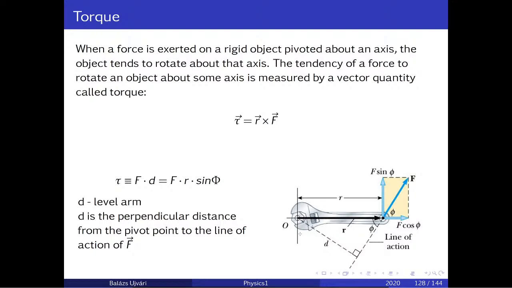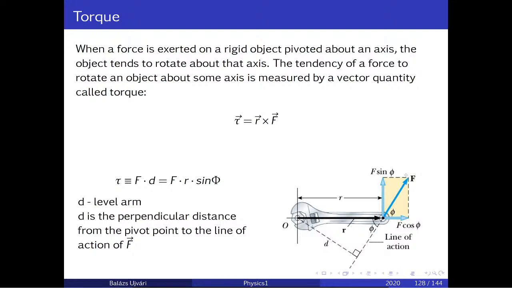What is torque? When a force is exerted on a rigid object, the object starts to rotate if the so-called line of action does not go through the rotational axis. That means if we try to rotate something here and the force goes like this, there is a so-called lever arm.